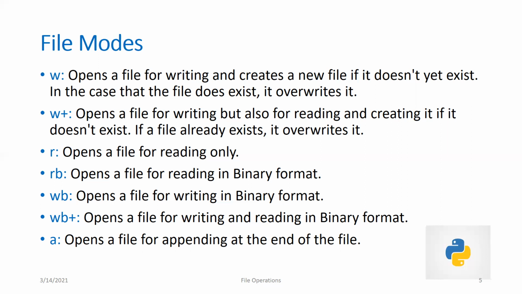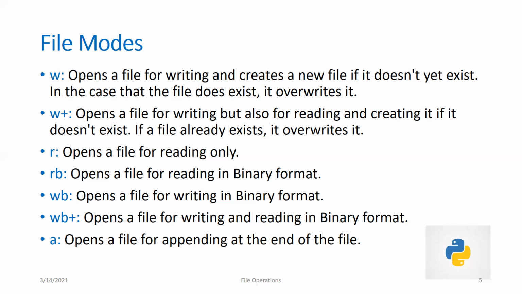Here W opens a file for writing and creates a new file if it does not exist yet. In the case that the file does exist, it overrides it. The first operation is to create a file. When we create a file, the mode will be writing mode.